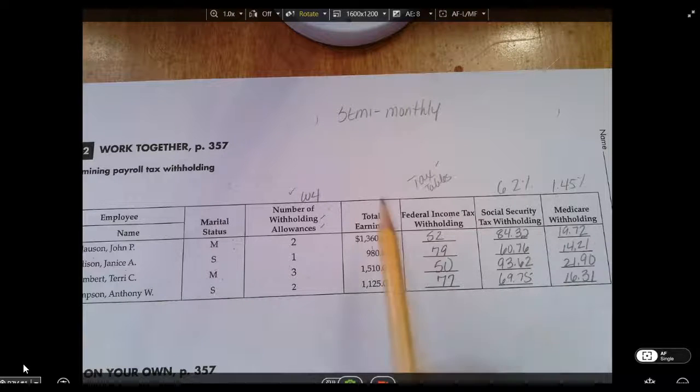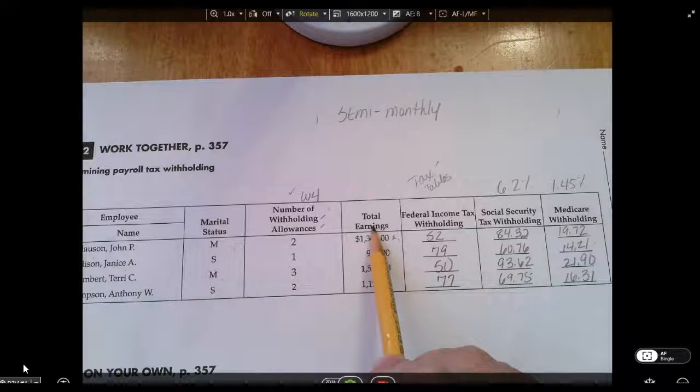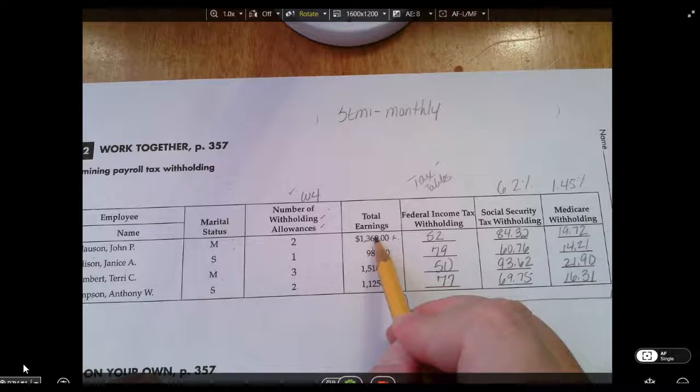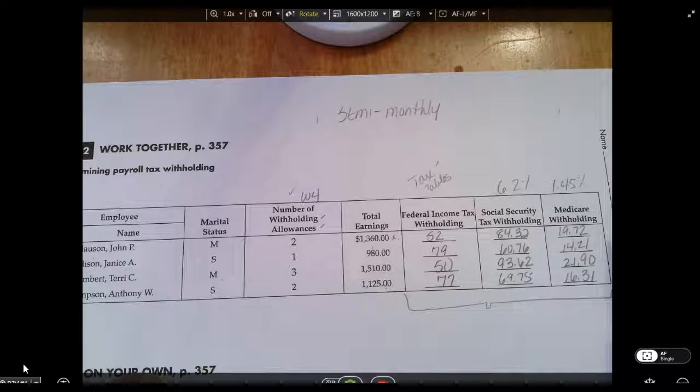So out of this person's total earnings, these are the taxes the payroll department has to concern themselves with. Gross pay, once we take away the withholdings and everything else, will be their net pay. But of course there are more deductions that need to be taken out other than taxes.